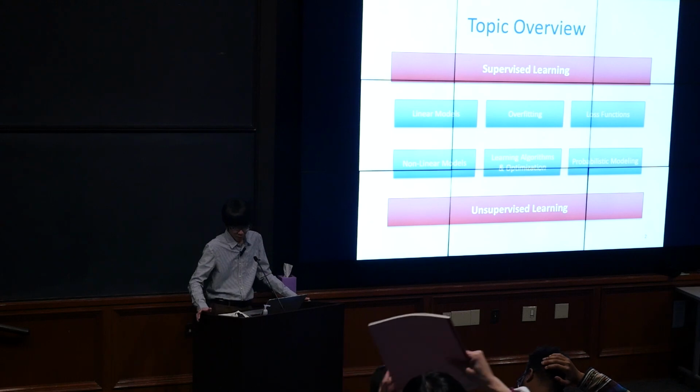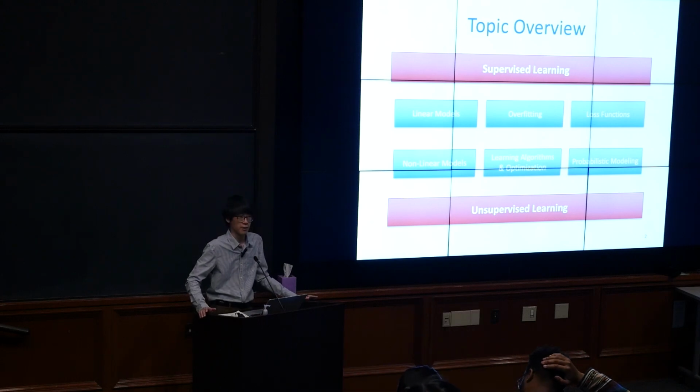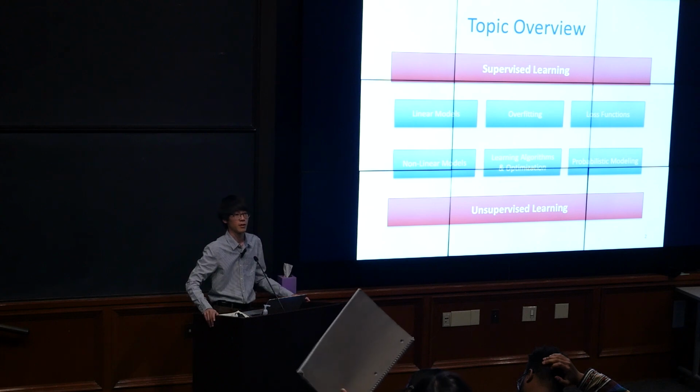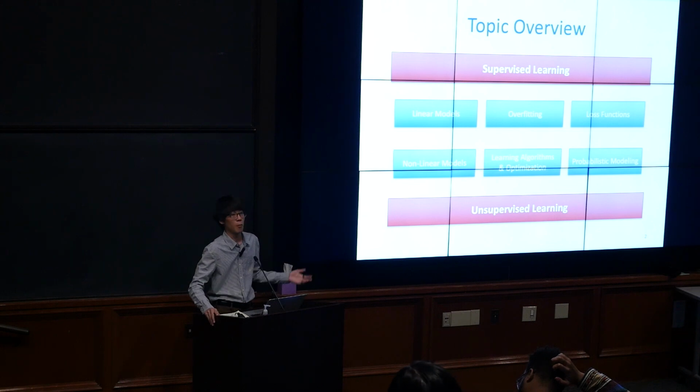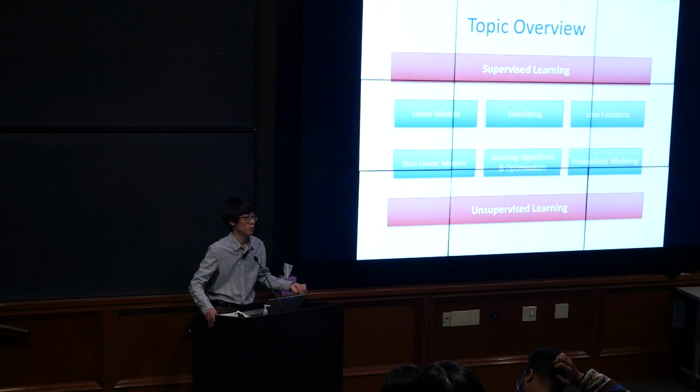So for the remainder of this course, this line becomes a lot fuzzier. When we talk about things, we're still going to structure them in a supervised way to start. We're still going to say there's some Y, there's some X, and you're trying to predict Y from X. But this line becomes a lot more blurred because it gets a lot harder to start labeling things as labels or input data or supervised or unsupervised, right?